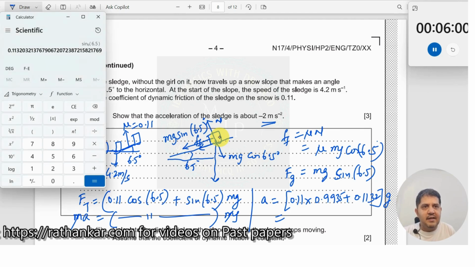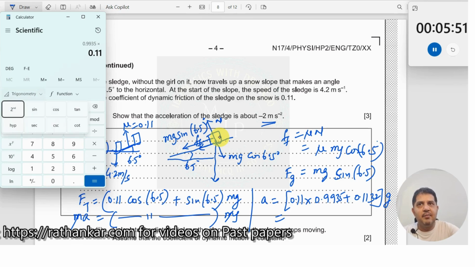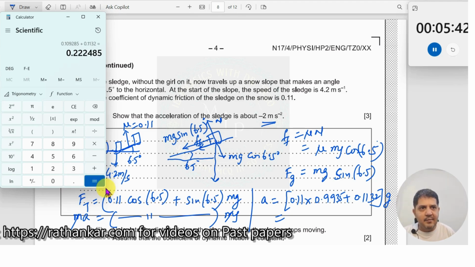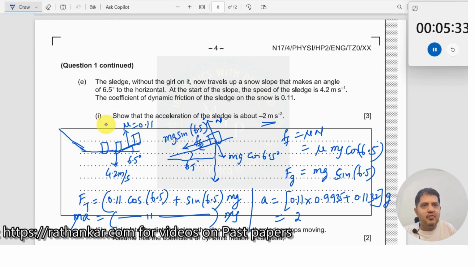So when I do this, 0.9935 into 0.11, equal to so much, plus 0.1132, when I do this, I get so much. Now this multiplied by 9.8 or 10 over here will give me around 2.22 meter per second square, which is closer to -2.